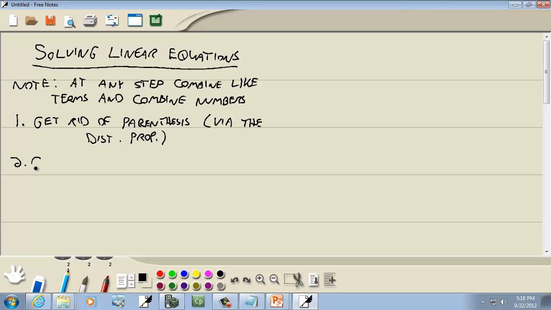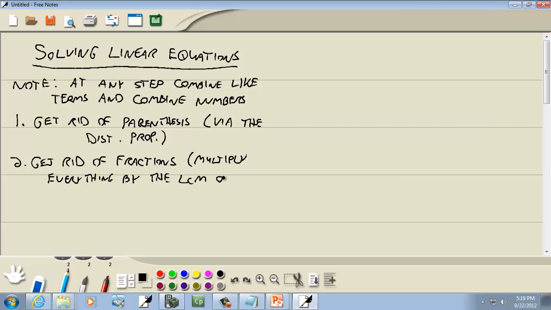Our second step is to get rid of fractions. And we multiply everything by the LCM of all the denominators.